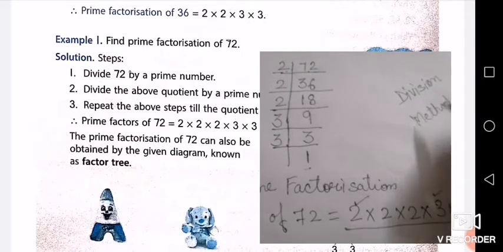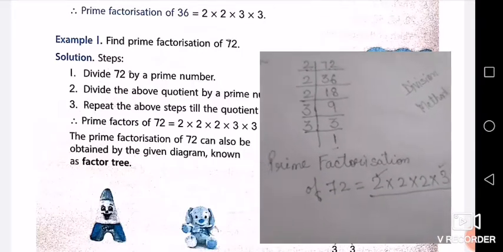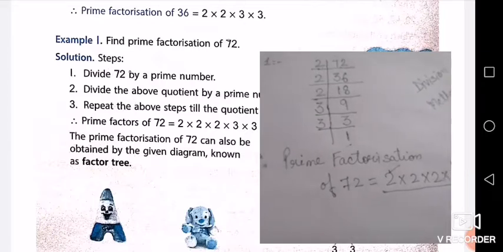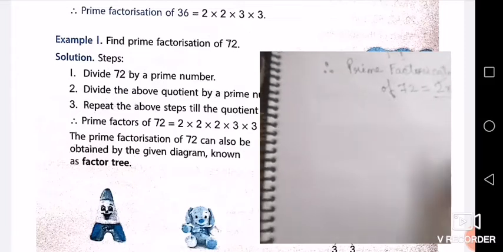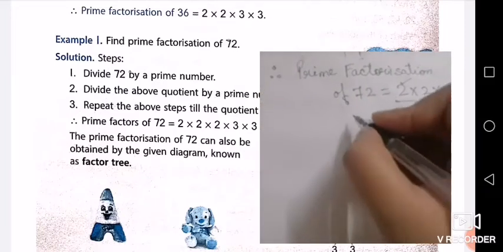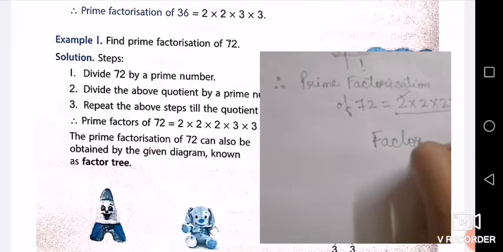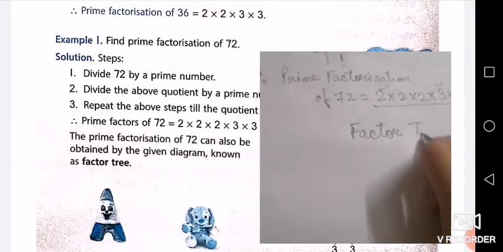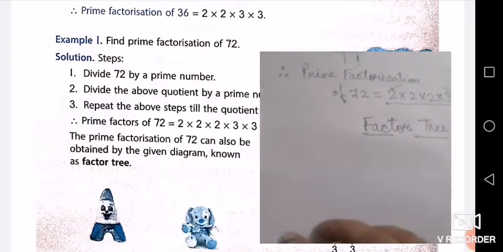Remember this method, and now we will see how to find the prime factorization of a number by drawing a factor tree. Fine. Now we will see how to draw a factor tree of 72.